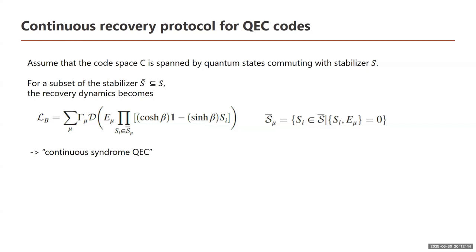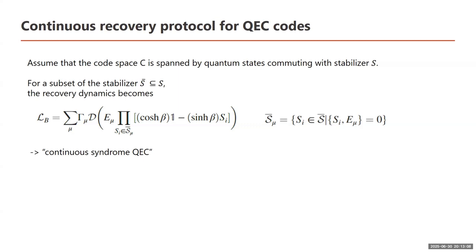Just like earlier, I will not go into much detail or proof of this today. But we know that this structure is just like the form of the continuous syndrome QEC, because it is a kind of linear combination of the stabilizers.